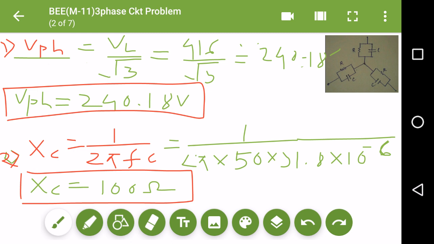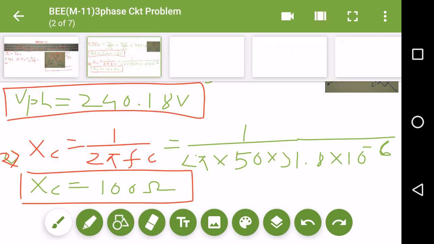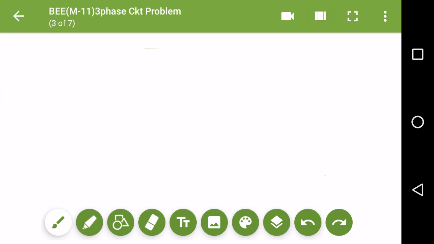Now I am able to find whatever they ask me. The first thing I need to find is what they called power absorbed.